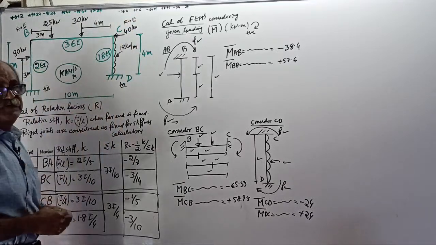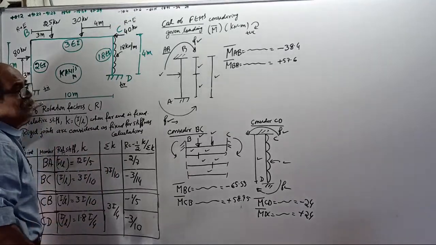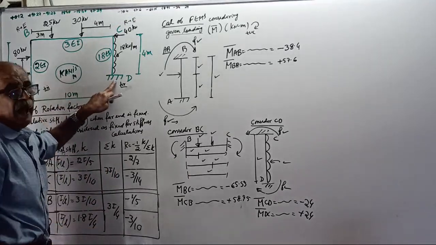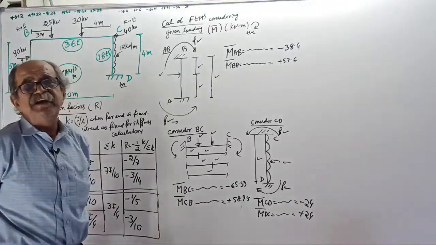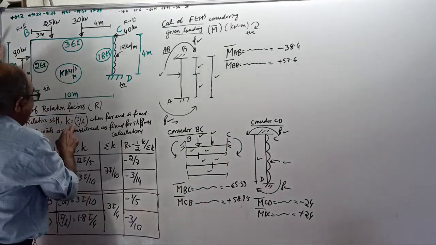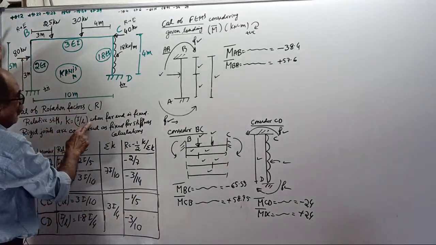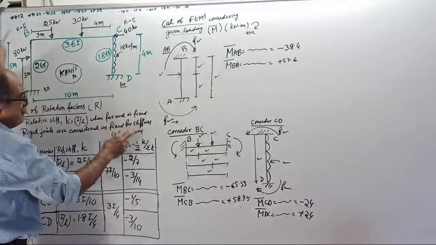Therefore, for this example, for stiffness calculation, A absolutely fixed. D absolutely fixed. B and C, they are rigid joint. So once again, considered fixed. Then, when far end is fixed, relative K equal to I by L. Rigid joints are considered as fixed for stiffness.